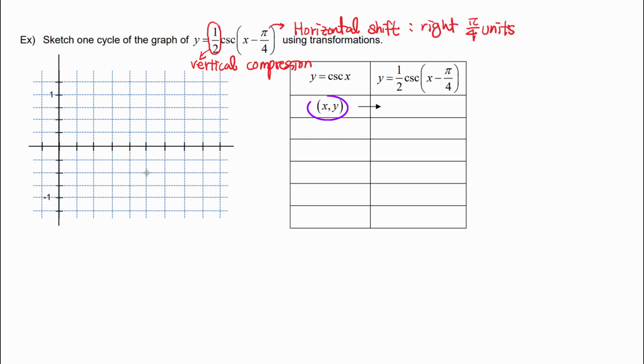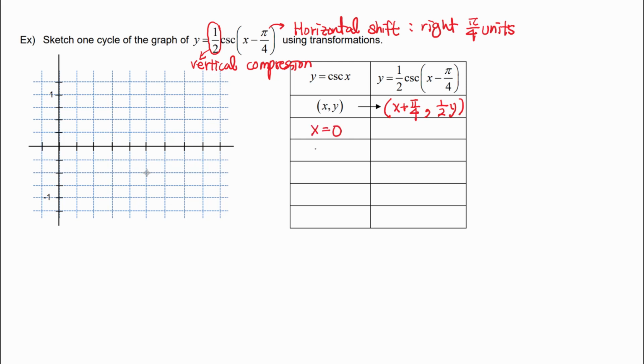Okay, so then for all x, y that were on y equals cosecant x, x goes to x plus pi over 4 unit to the right. So you add pi over 4. And the number multiplied in front of the function will be multiplied to y. So y is going to go to 1/2 y. And remember those 5 key points that we just went over for y equals cosecant x. The first one was vertical asymptote x equals 0.